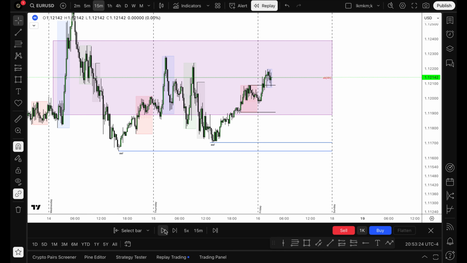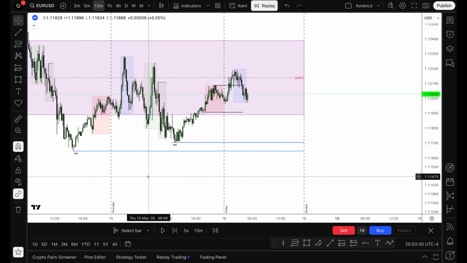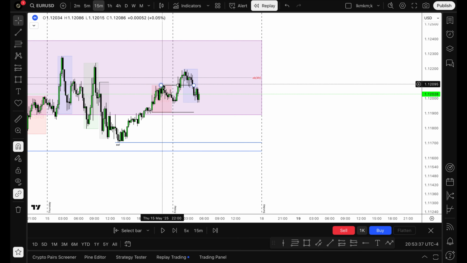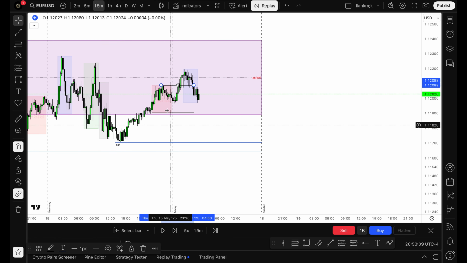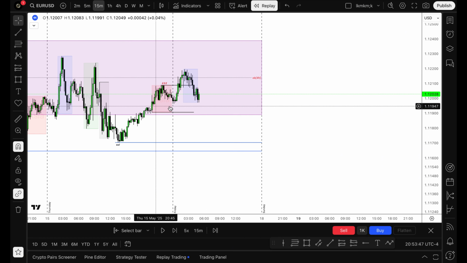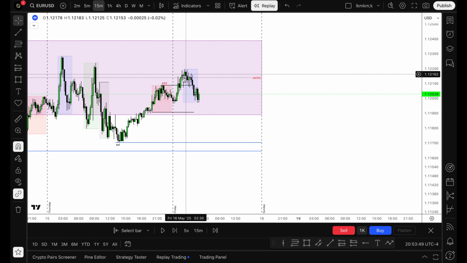So we're printing, that's the London session open, and then we get a move to the downside. I think that's London session ended. So we had a sweep of, let me make that red, so we had a sweep of the Asian session.